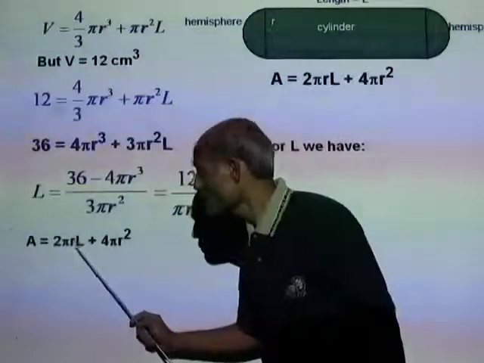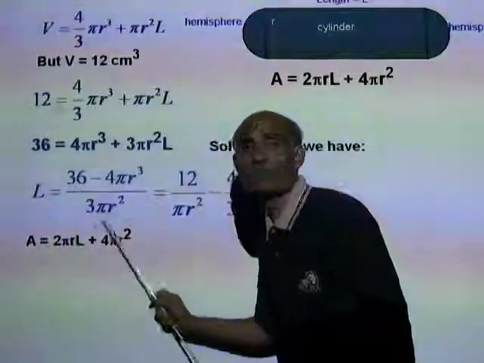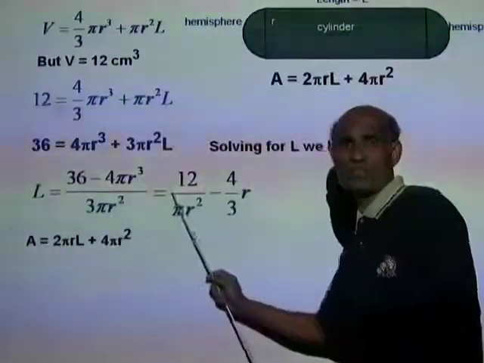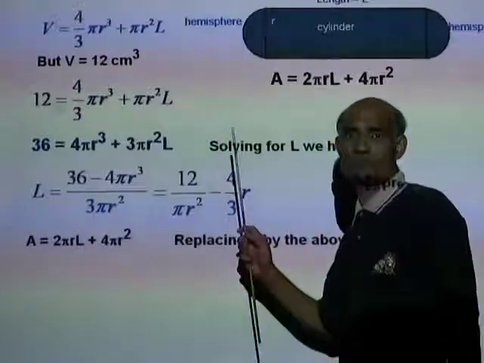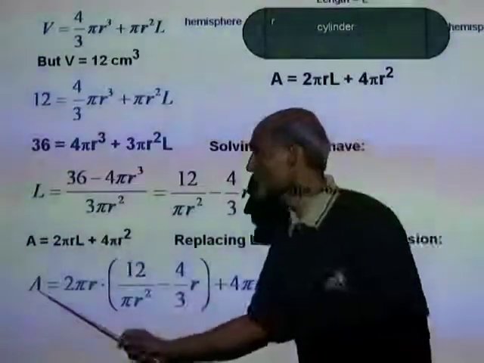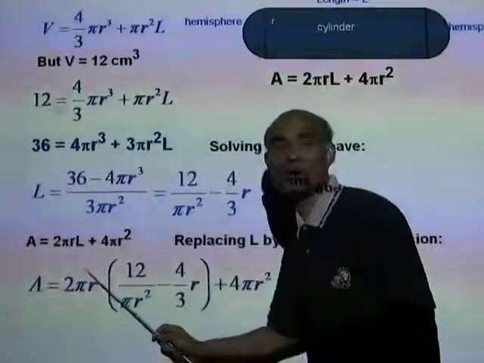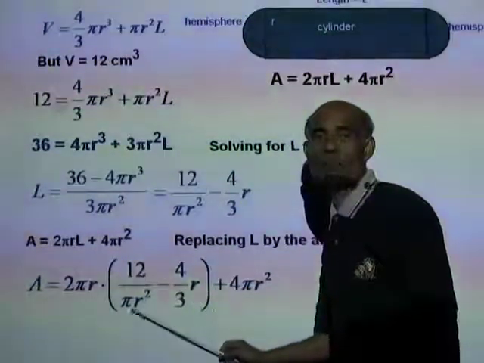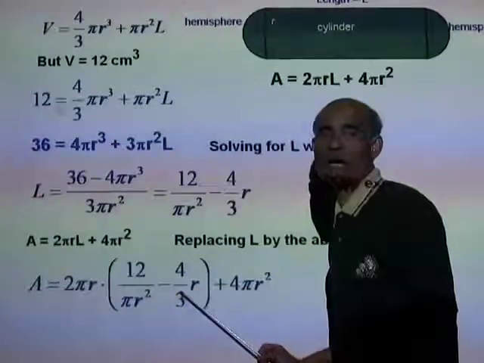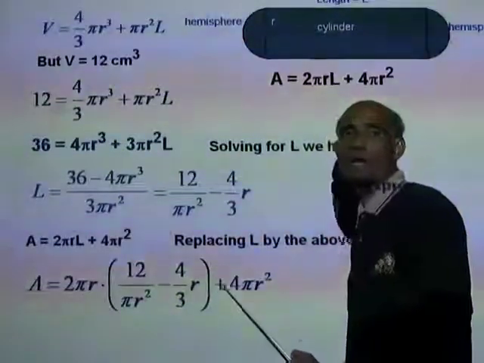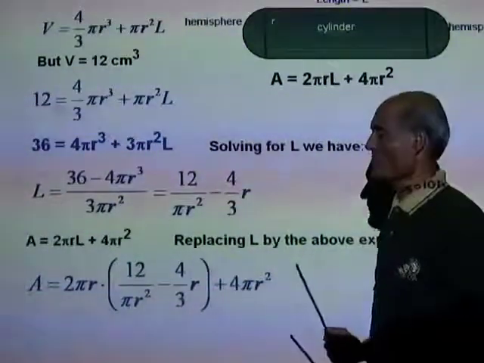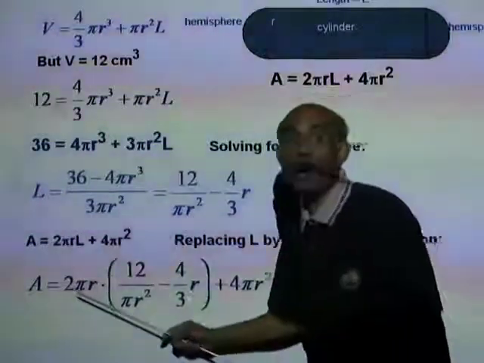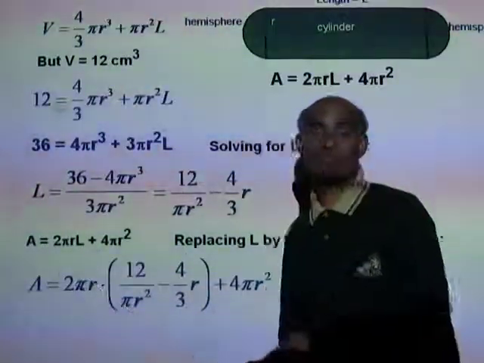And here, this L is going to be replaced by this quantity. Let's do that. So we've got A equal to 2 pi r times, L is replaced by 12 over pi r squared minus 4/3 r, plus 4 pi r squared. Now, we need to optimize this function.